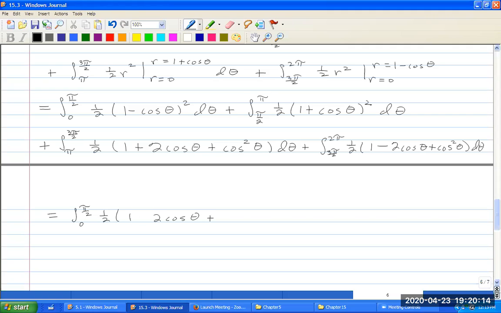That was a minus in the first one. Plus, just recall that cosine squared theta is 1/2 times 1 plus cosine 2 theta, the half angle or double angle formula. So this is 1/2 cosine 2 theta d theta.